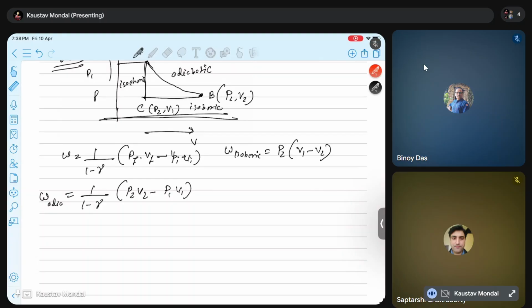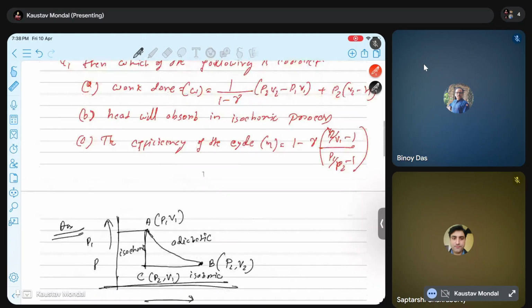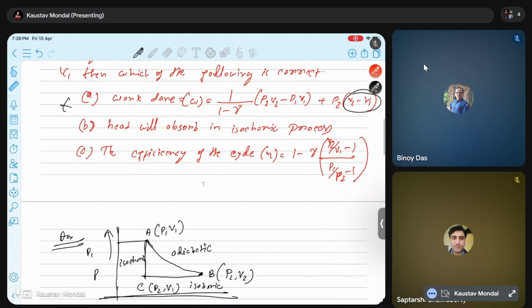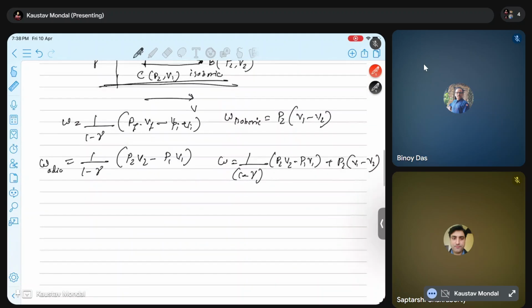That means the total work done will be 1 by 1 minus gamma (P2 V2 minus P1 V1) plus P2 (V1 minus V2). In the problem it's mentioned V2 minus V1, so that is not correct. It's V1 minus V2.